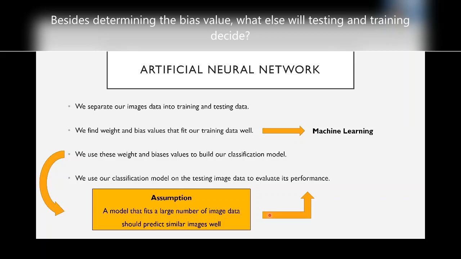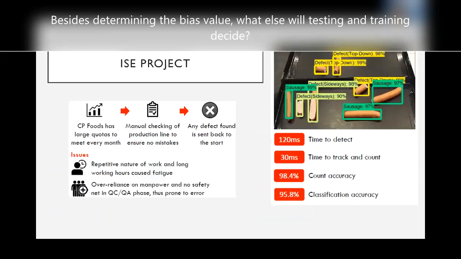That is the key thing that training and testing is going to do. There are other things that you can look into for the finer details, which is that it's not just a matter of whether it is fit for purpose or not. Is the accuracy going to be 90%? Is it going to be 80%? Or is it going to be 70%? So very quickly, let me just come back over here, right?